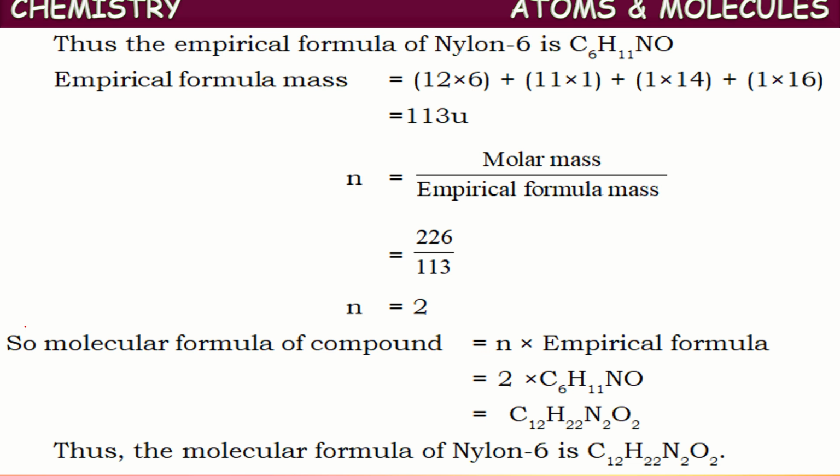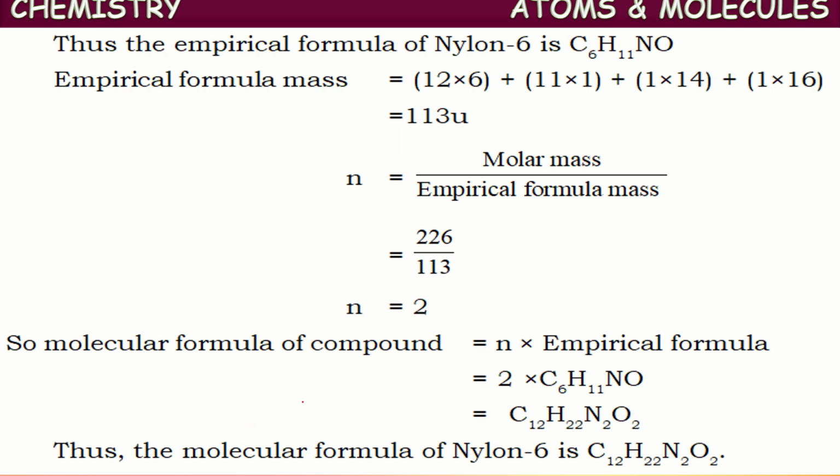So we write the molecular formula of the compound with the help of this N value and the empirical formula. The molecular formula of a compound is equal to N into the empirical formula. N value we got is 2. So 2 into the empirical formula we just got, C6H11NO.